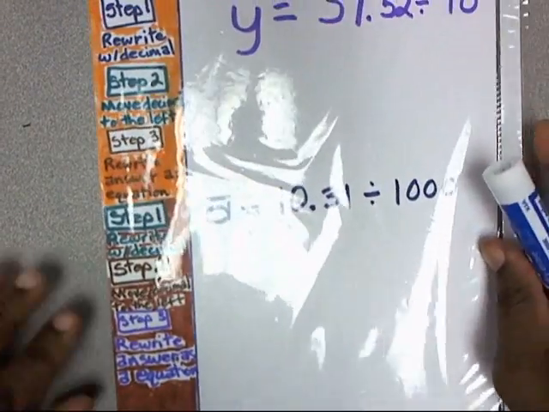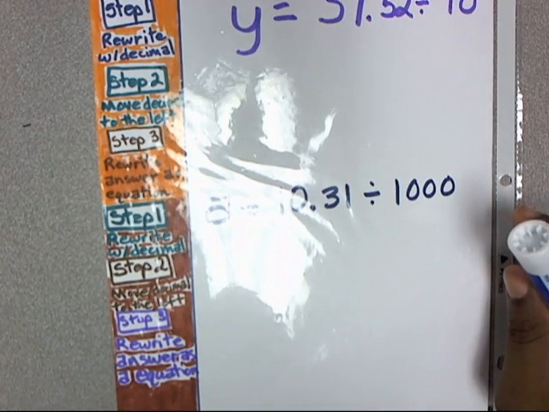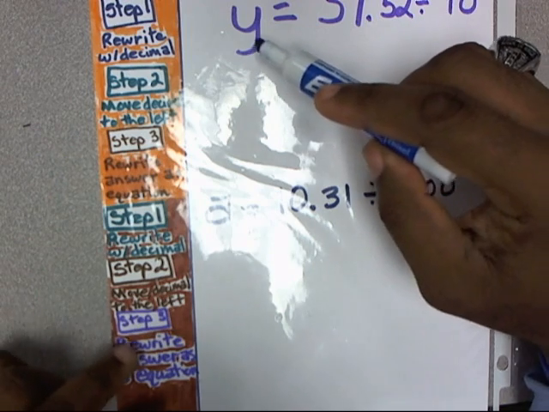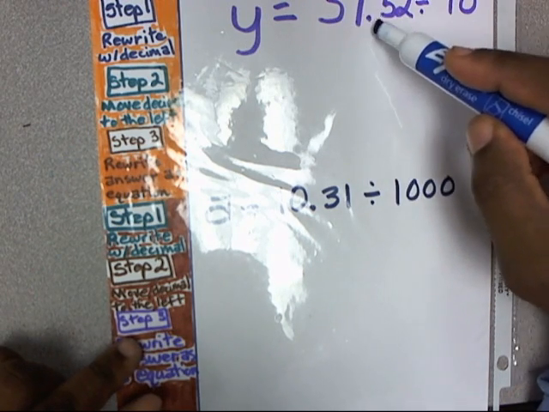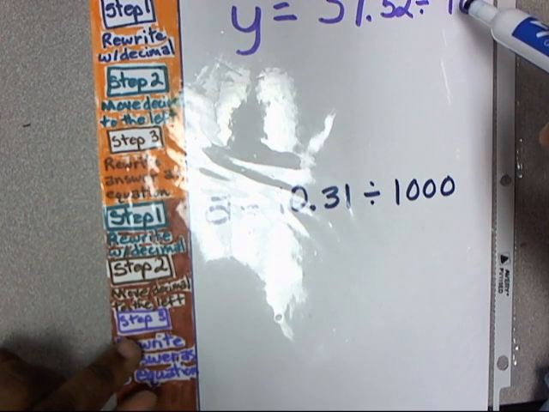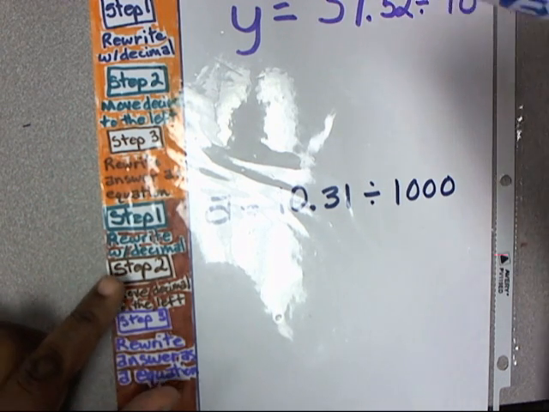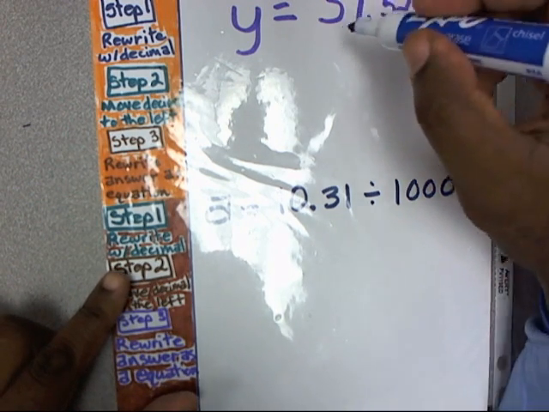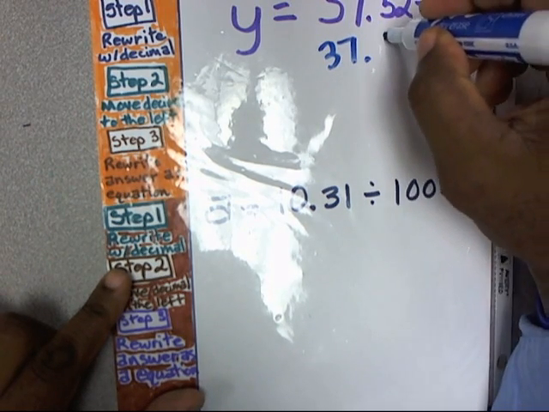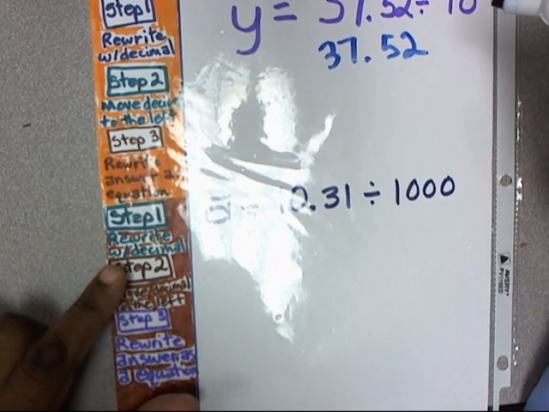And now we're going to work some problems, some examples. We have y equals 37.52 divided by 10. Step number 1, rewrite the decimal. So it's 37.52.